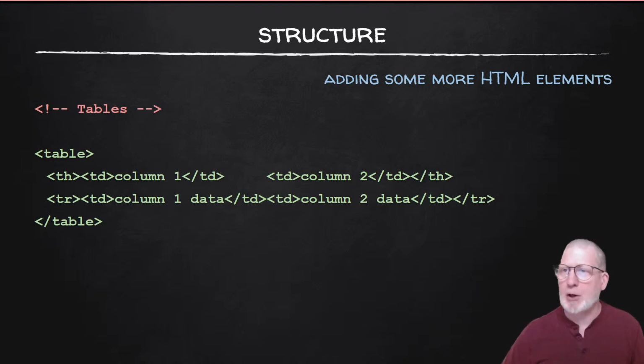So if I go back to my course list demo in the live share, and I built a table, I could then build into my table a table heading row and then some table rows.